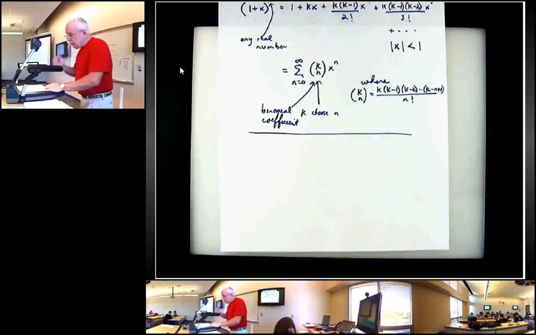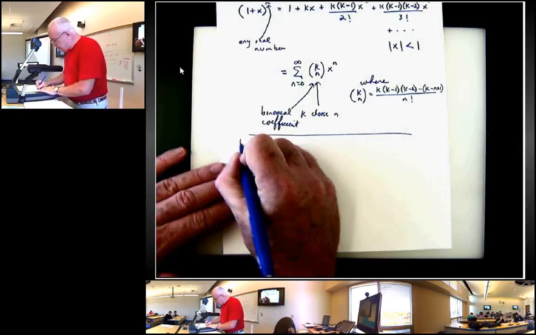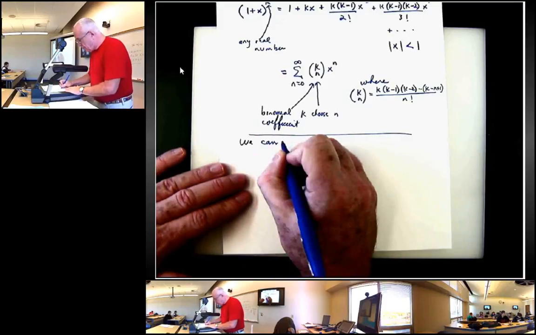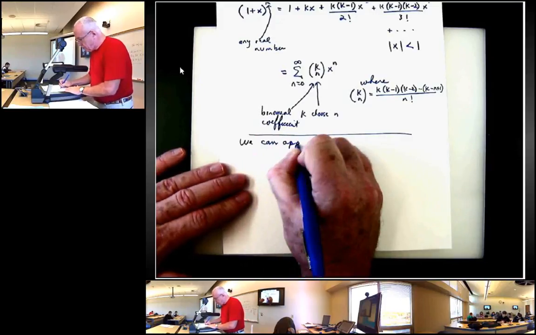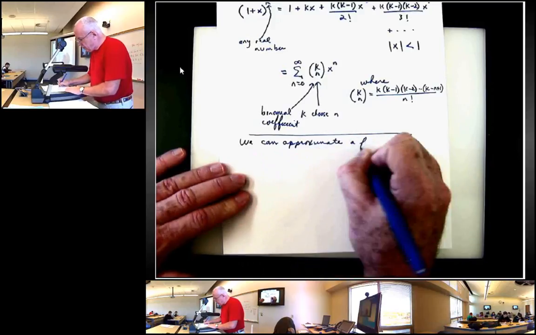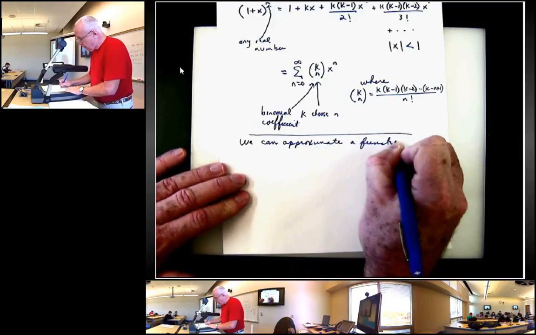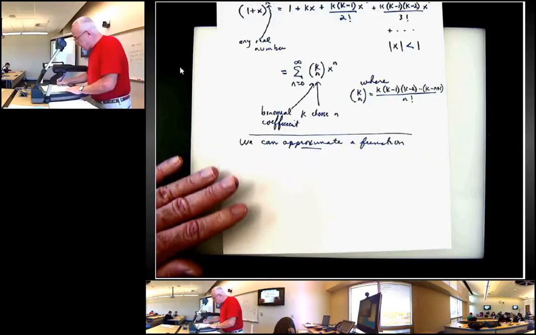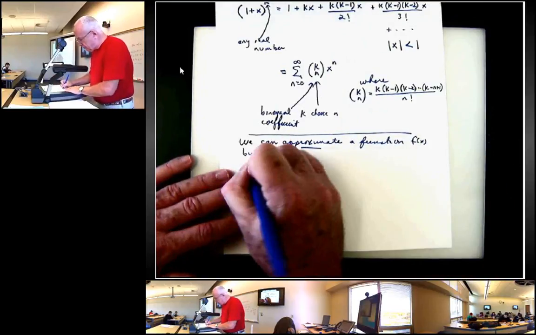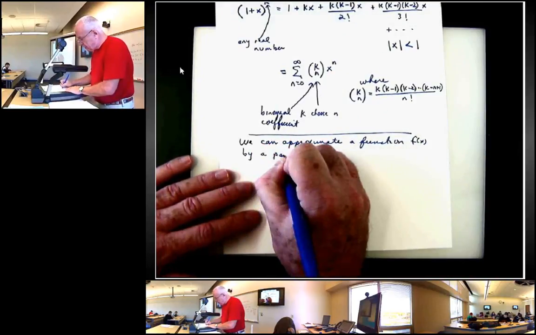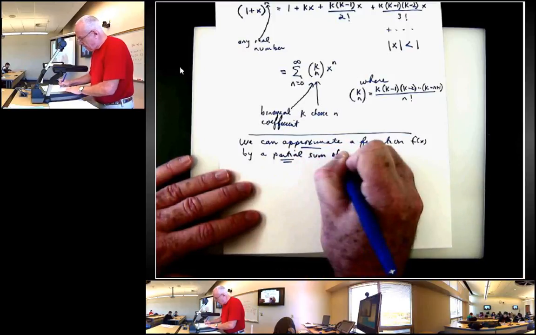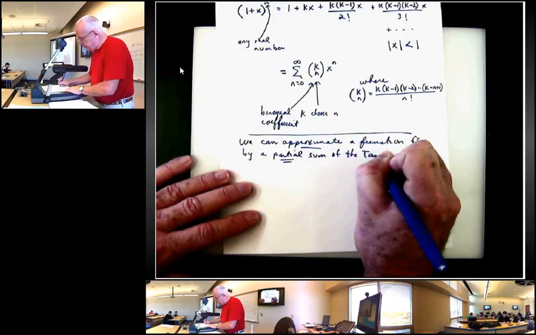So we can approximate a function f of x by a partial sum of the Taylor series. By a partial sum.